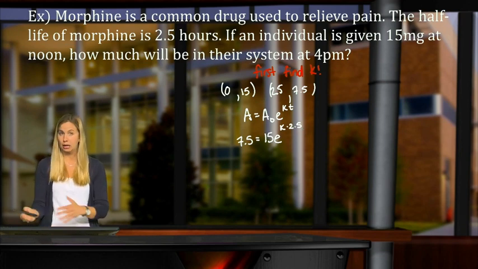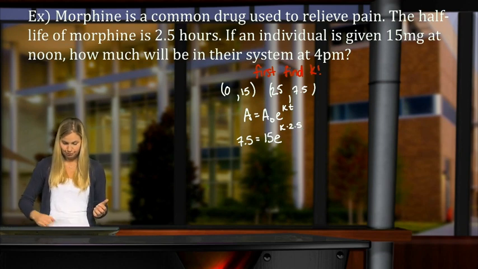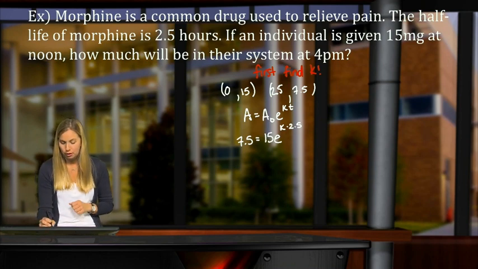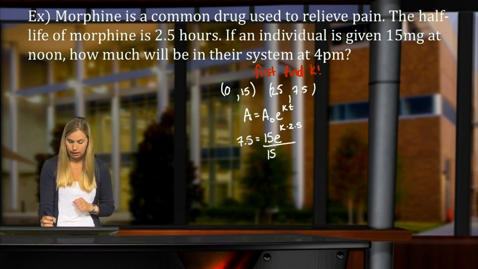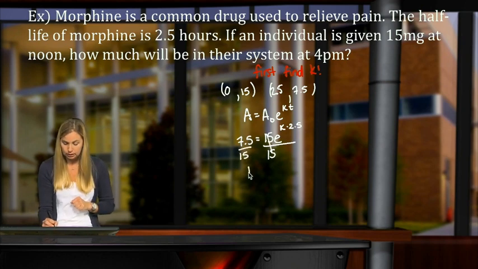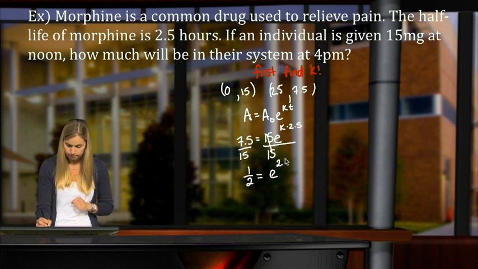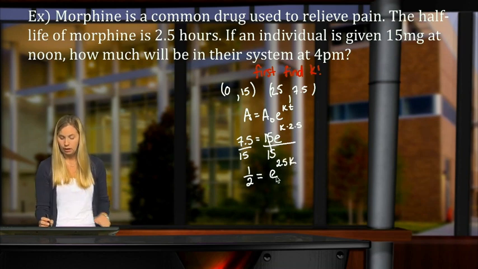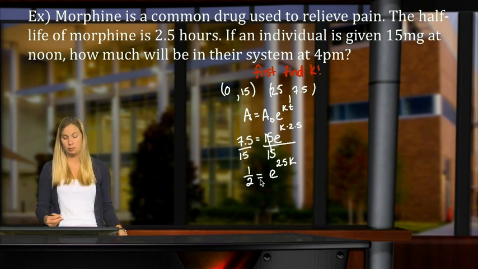Solving for k, just like we did in that previous example, start by isolating your exponential expression. Divide both sides by 15. 7.5 over 15 is 1/2. And now we're going to take the natural log of both sides.